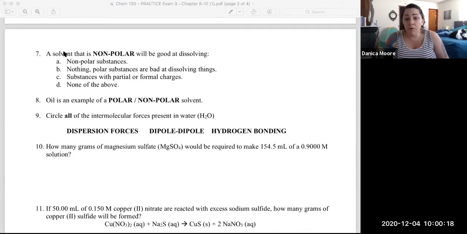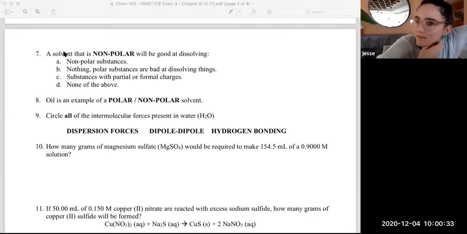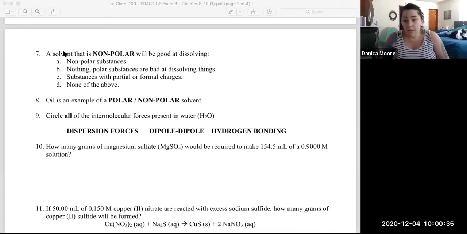So for example, water is a liquid, right? Everybody's comfortable with that. Why is water a liquid? Why isn't it a gas at room temperature? Because of hydrogen bonds. Yeah, hydrogen bonds, right? Got those real strong dipole-dipole hydrogen bonds. That's what keeps it stuck together in a condensed phase.